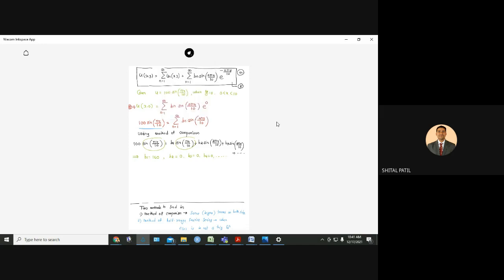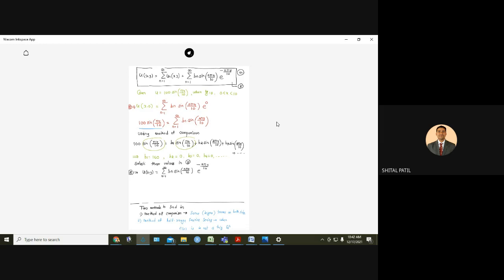From equation number 8, substituting these values in 8, u(x,y) equals the summation of bn sin(n pi x / 10) e raised to minus n pi y / 10, from 1 to infinity. Can I write it directly? From equation number 8, I am expanding the summation.